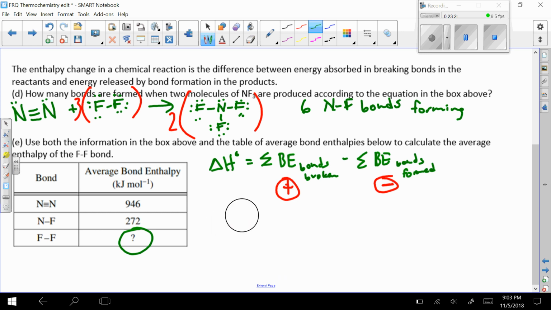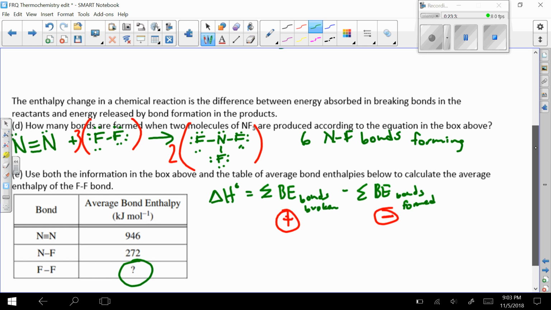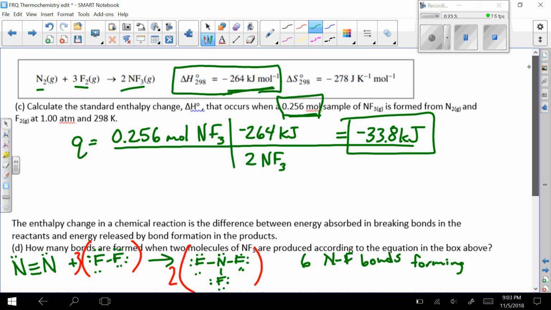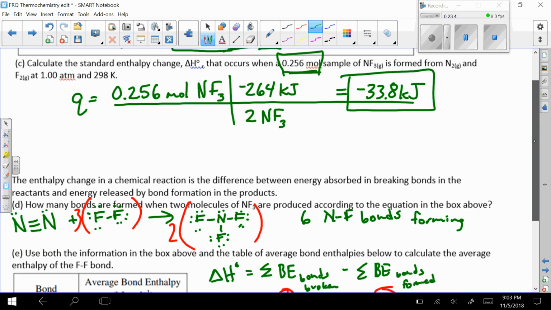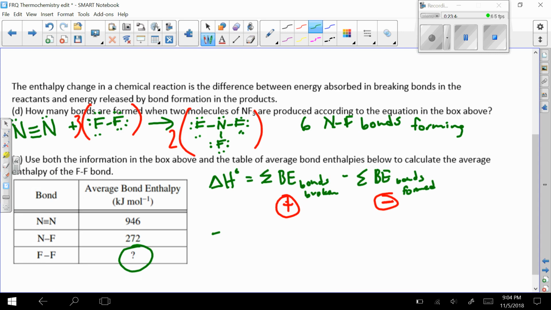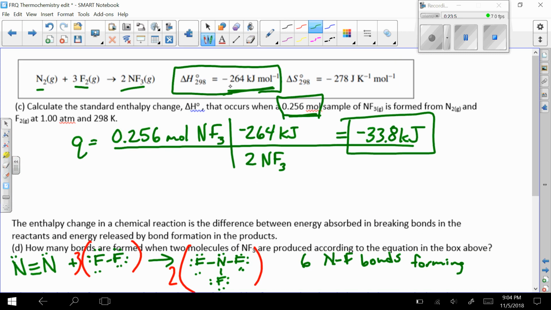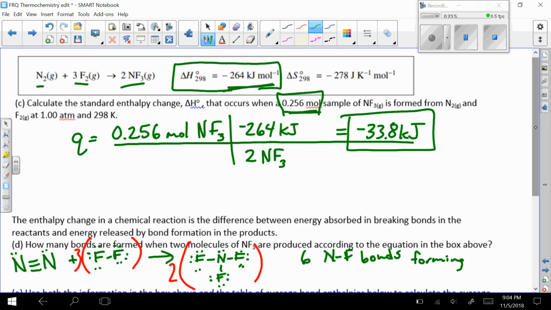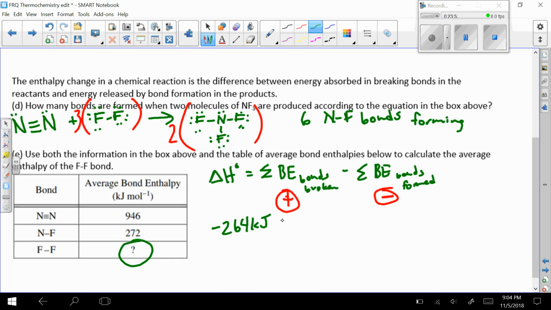If we scroll up back to that original reaction, we know the enthalpy of reaction is negative 264 kilojoules. That was given to us in this reaction before we even started this part down here. And that equals the sum of the bonds broken minus the sum of the bonds formed.